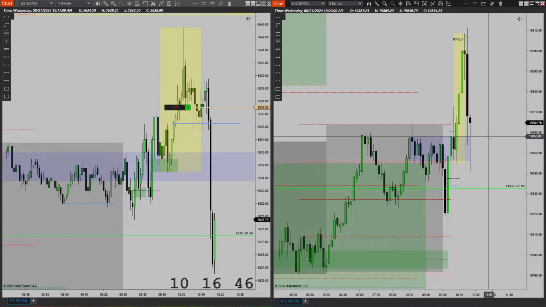All right, so I have a buy. I'm going to put in a buy order here to see if maybe we dip back in there. But looks like it's taken off.